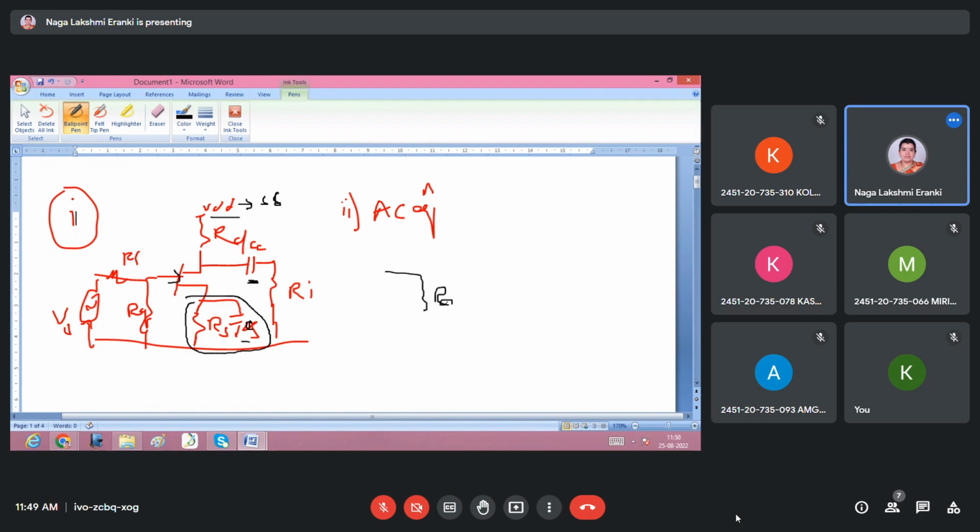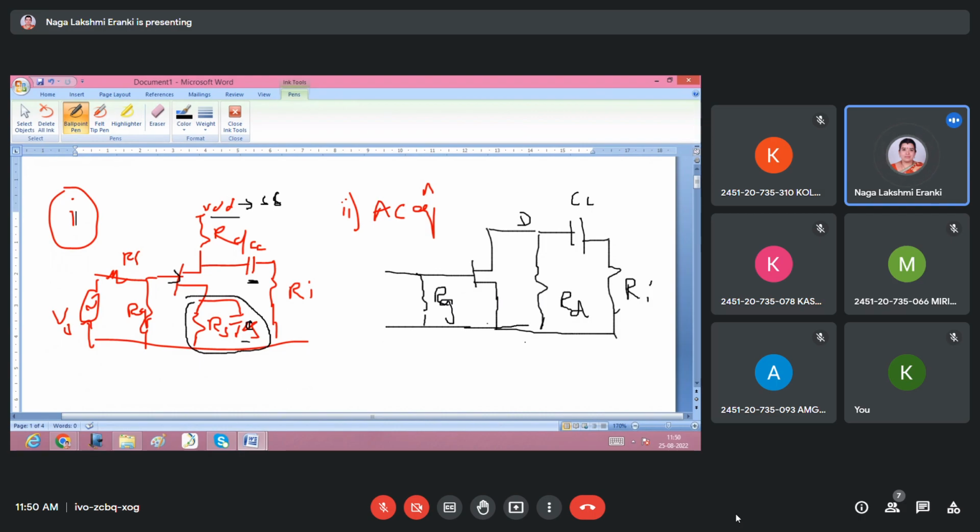The equivalent circuit is RG, the FET, and the resistance capacitor is disconnected, and from the drain to ground is RD, and then CC, and then Ri. This is the low frequency equivalent.